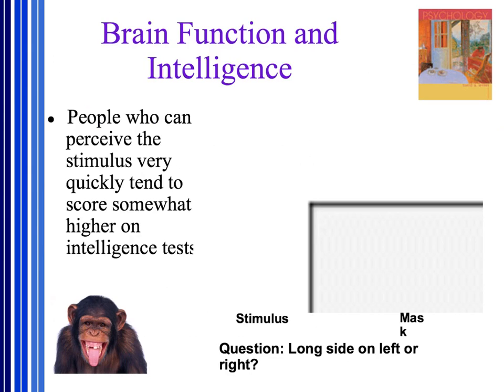People who can absorb stimuli from their environment, process it in their cognitive processing, and then use it for something faster than anyone else, those people tend to be more intelligent than others. So there is a positive correlation between processing speed and intelligence.